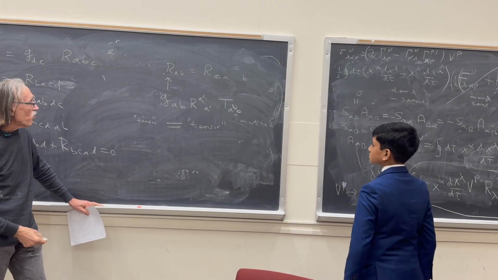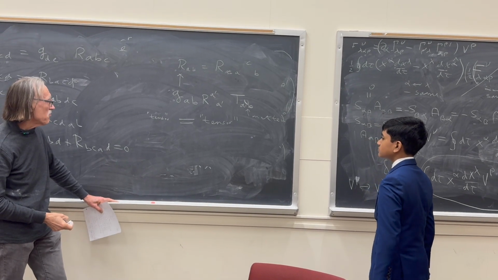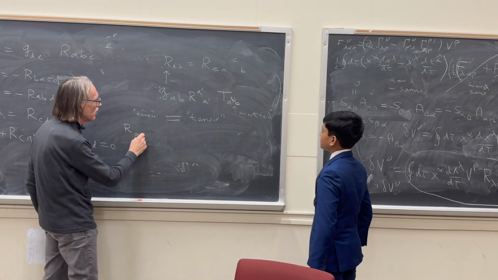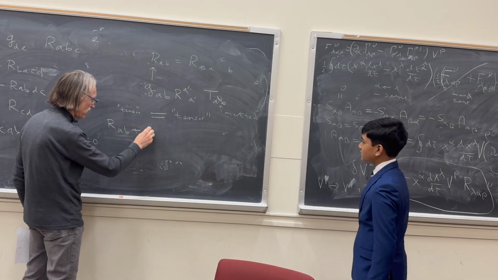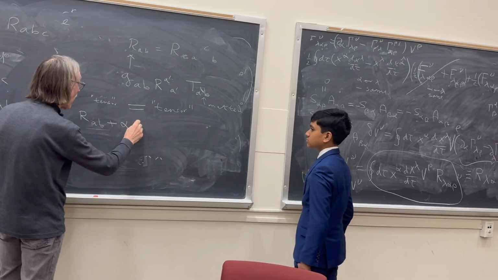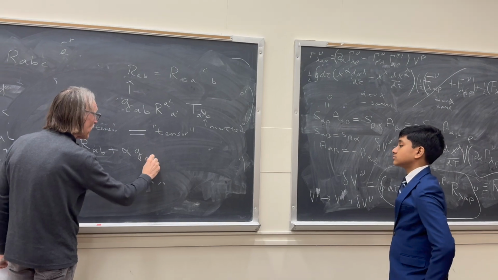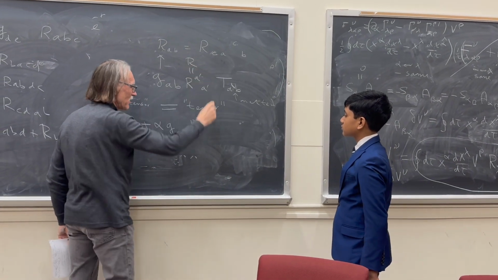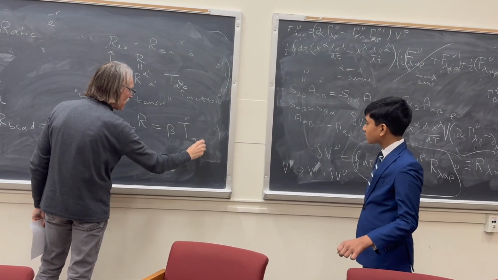So what can we have for the Einstein equation? The only thing we can have really is R. I suppose you can also add all these tensors because they have the same dimensions. Yeah, so plus alpha G_{AB} times R, this is called the curvature, is equal to beta times T_{AB}.